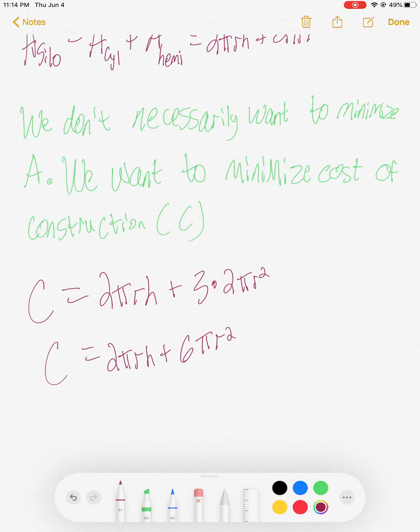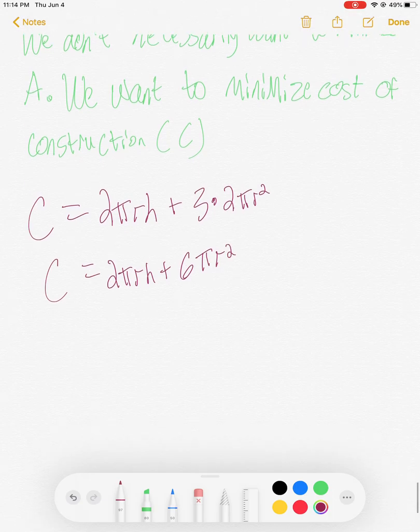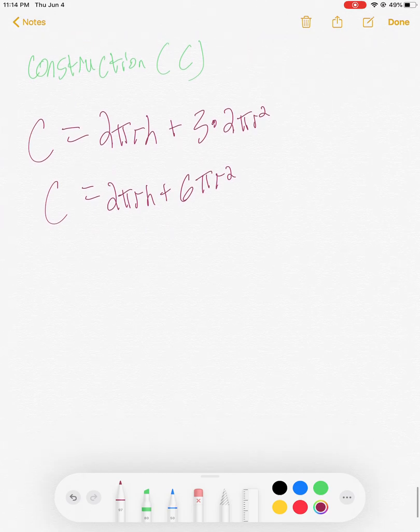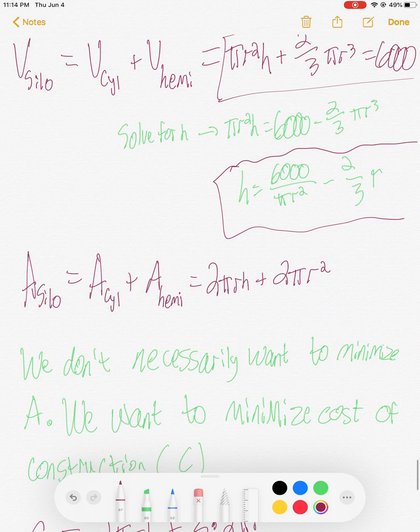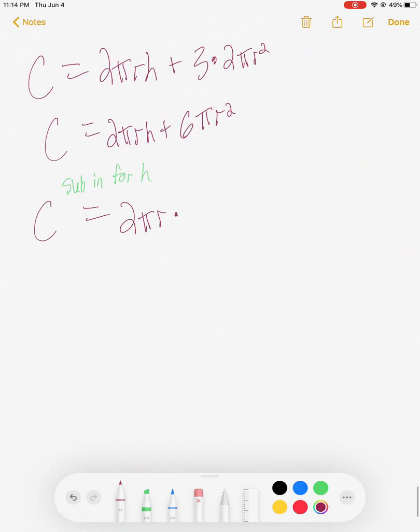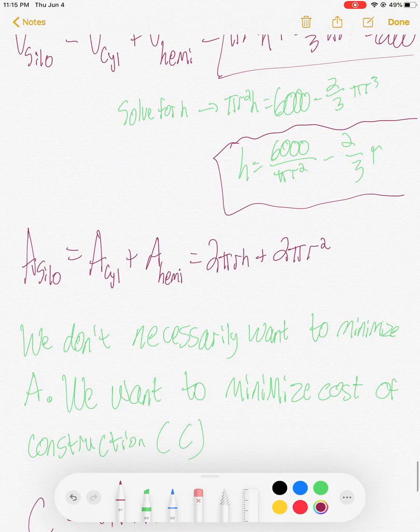So the cost is going to be 2 pi r h plus 3 times 2 pi r squared, which we can rewrite as 2 pi r h plus 6 pi r squared. Now we would love for this to be in terms of one variable, so let's sub in for h.